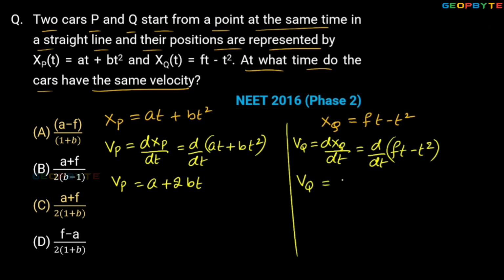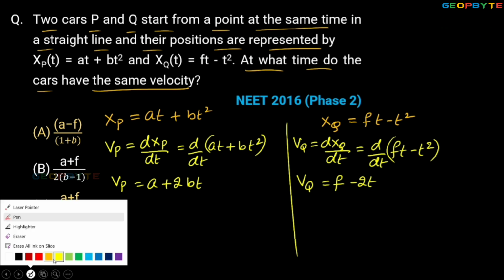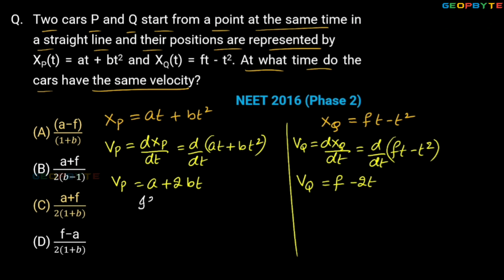Velocity of Q equal to f minus 2t, right? It is asking the time when Vp equal to Vq. If Vp equal to Vq, a plus 2bt equal to f minus 2t.